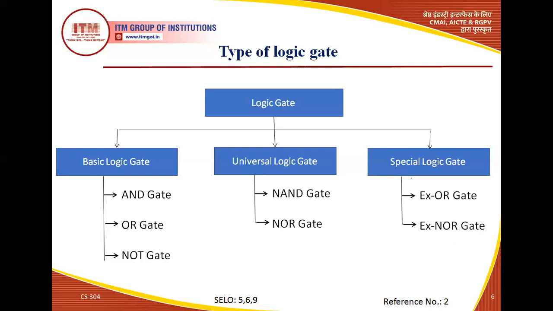So they are used for some special type of function or purpose. So these are the categorizations of the logic gates. Now we describe each type of logic gate, their symbol, their truth table, and their definition one by one.